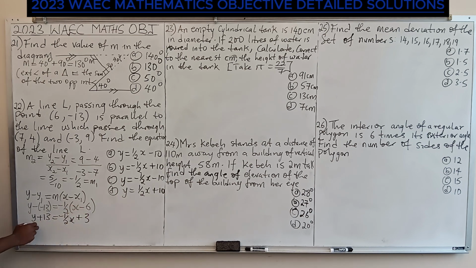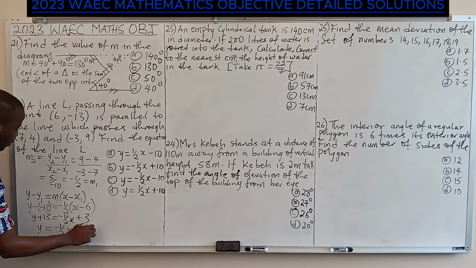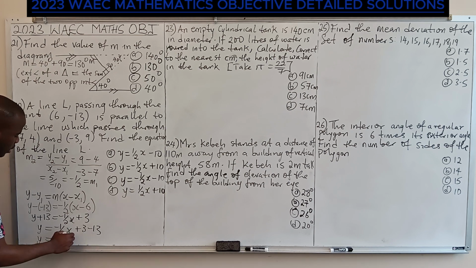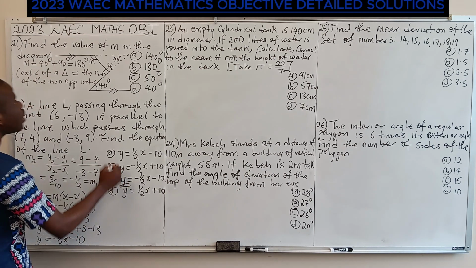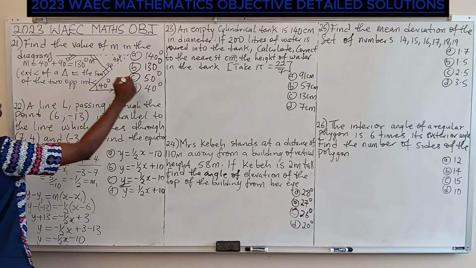Subtract 13 from both sides. We have y equals minus 1 over 2x plus 3 minus 13. So y is minus 1 over 2x, and 3 minus 13 is minus 10. And our correct answer is C. Our correct answer here is B.